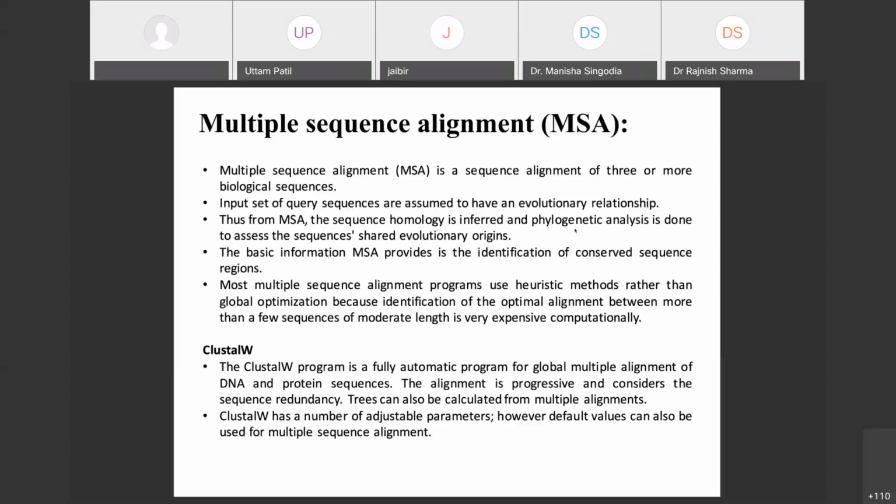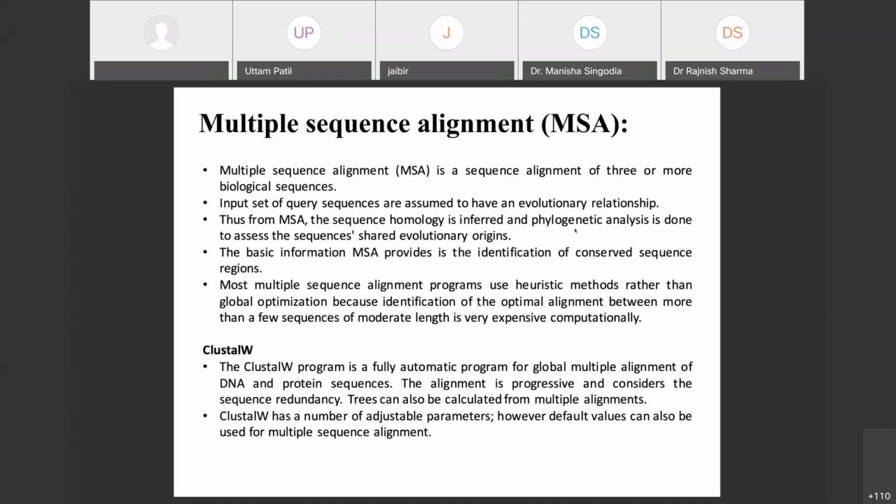Again, I would like to add a caution here. If you are dealing with sequences which have a low degree of similarity, how will you know whether two sequences are highly similar or low? When you do a sequence alignment, it automatically gives you the sequence identity. Looking at that number, some people say 40%, some say 30%, but more or less if it is above 40%, you will say highly similar.